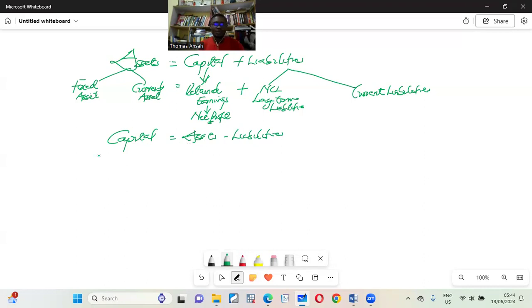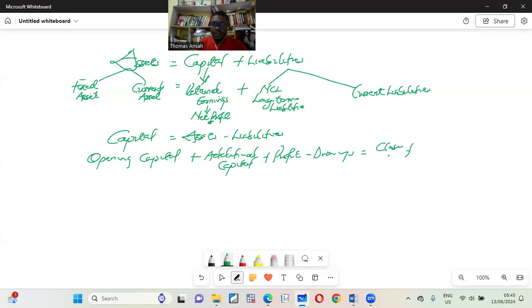And we said that because profit increases capital, my opening capital, plus any additional capital that I introduced, plus profits, minus any drawings that I make, will be equal to my closing capital. So basically, that is what we learned.